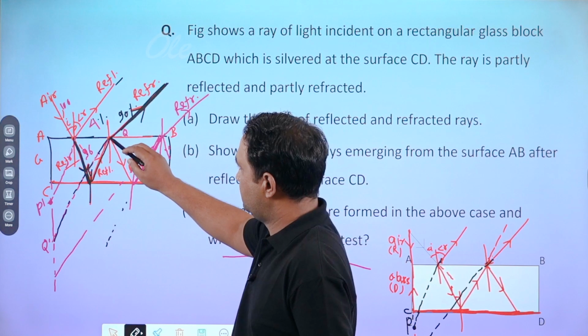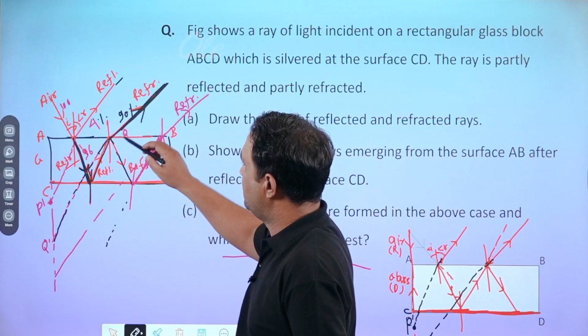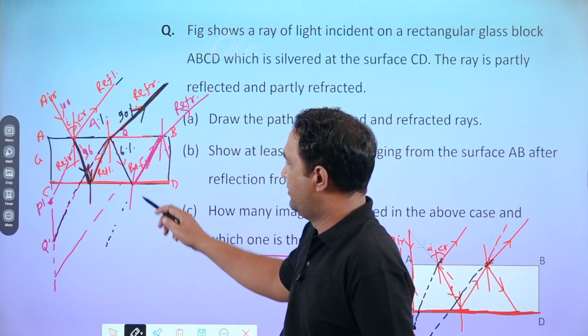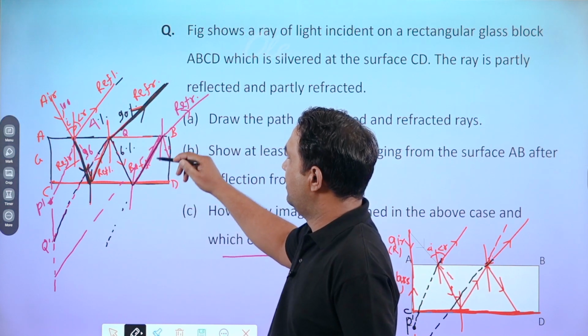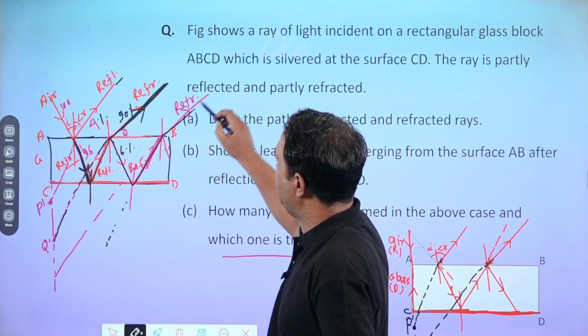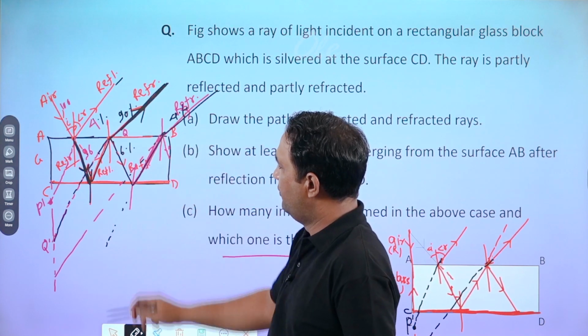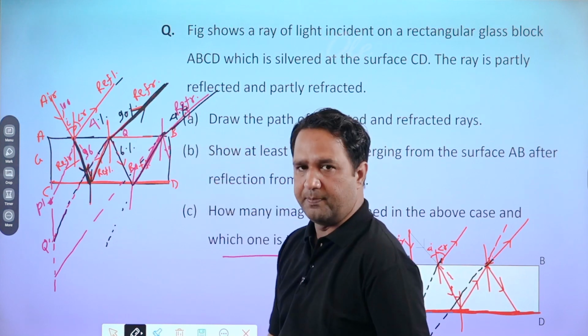Again, only some part of this will be reflected, so suppose 6% is reflected. Now this 6% will again be reflected here, and the refracted ray will be 4%, and the image we get from this will be due to the ray having an intensity of 4%.